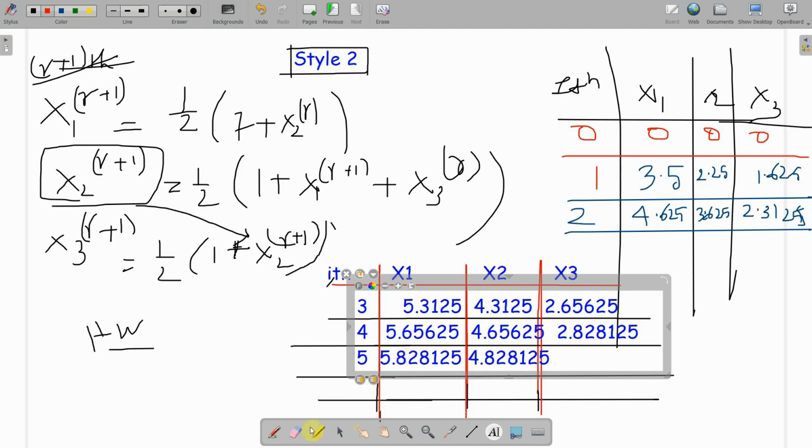Okay, see, your results are converging. It's almost reaching 6. The variations, the changes in the values, are not that high.